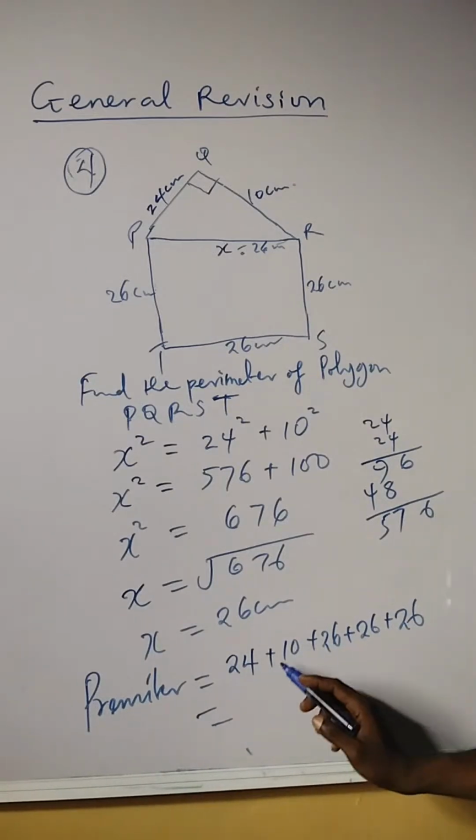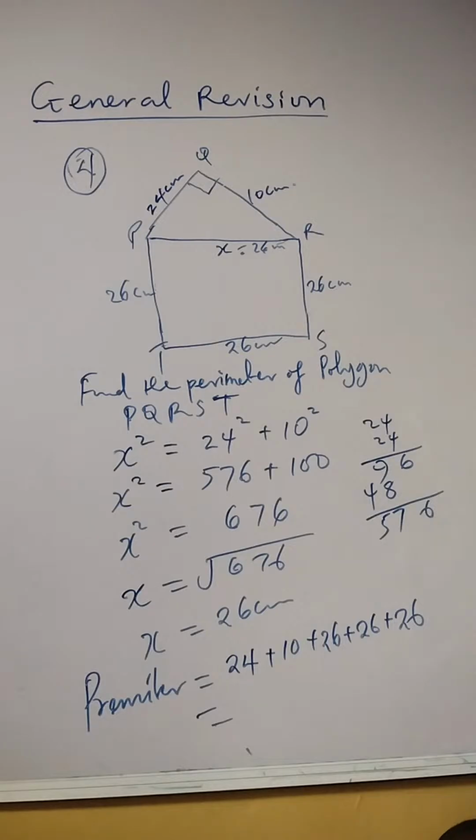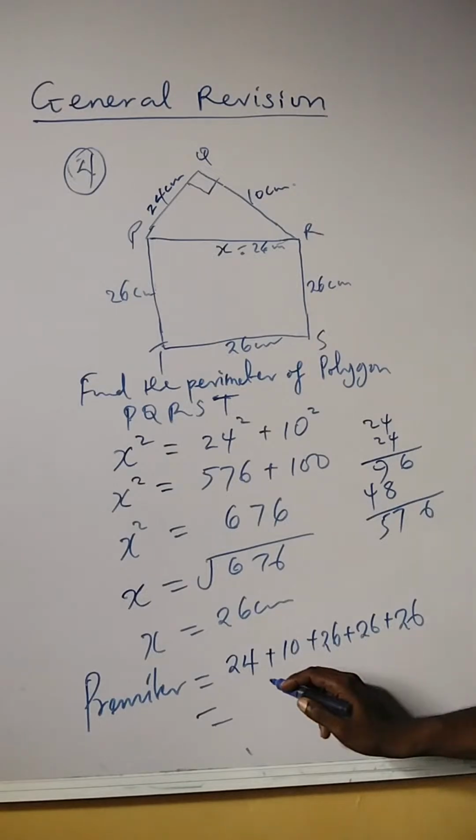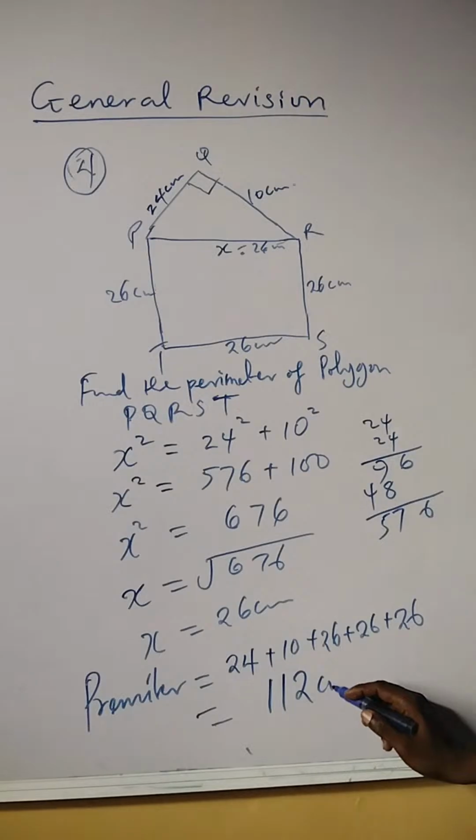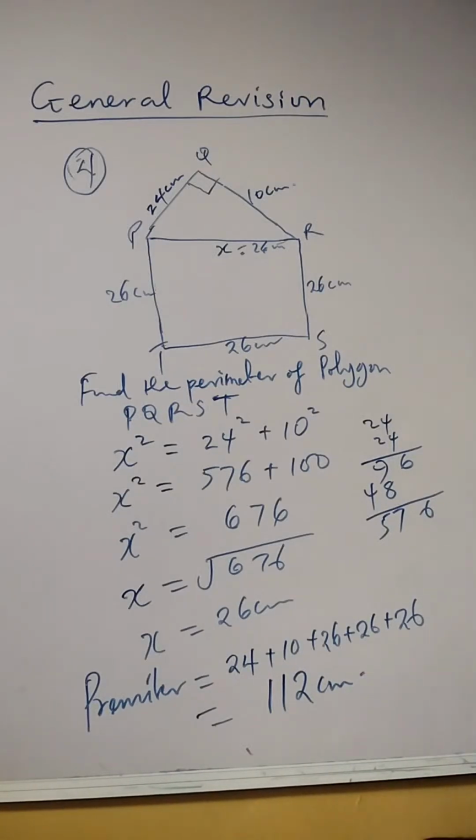So here we have 24 plus 10, that's 34. And we have 34 plus 26 plus 26 plus 26. So we have 112 centimeters. So here we have the perimeter as 112.